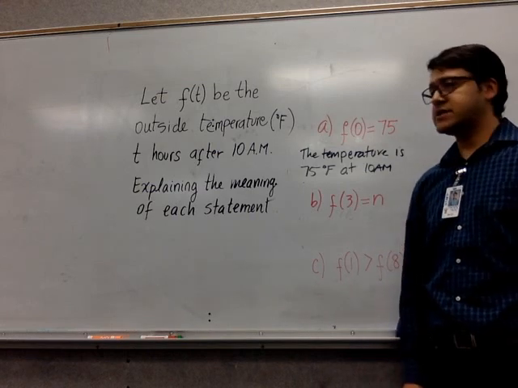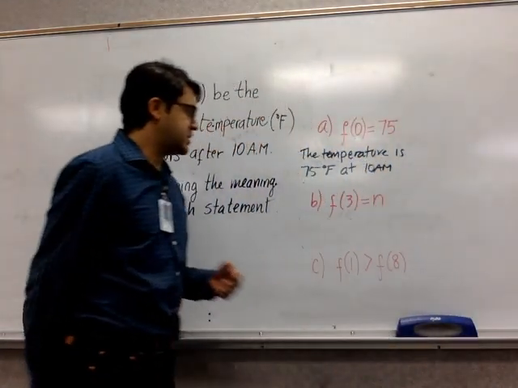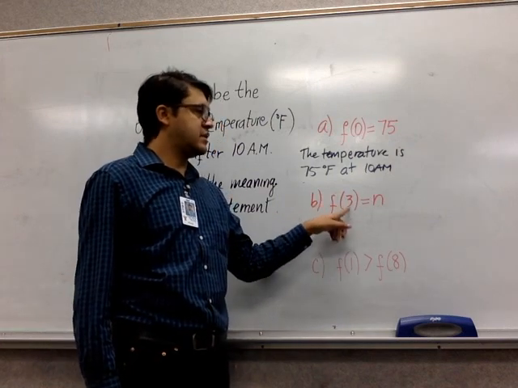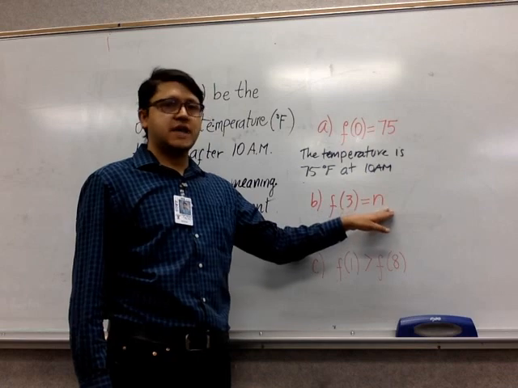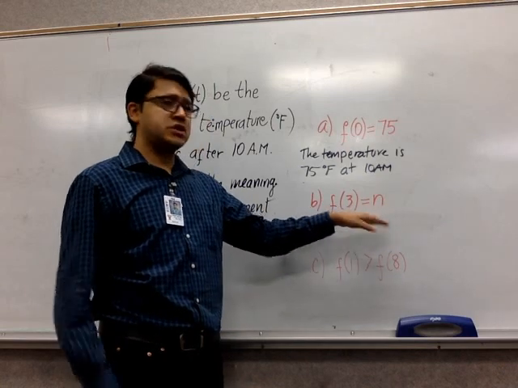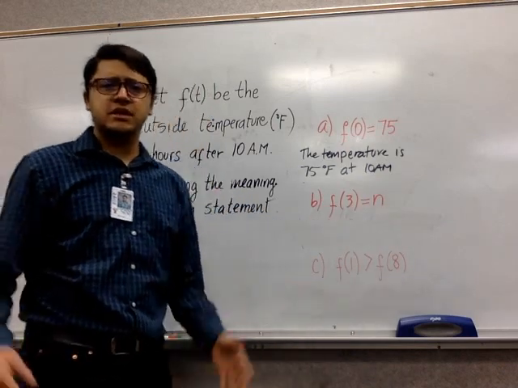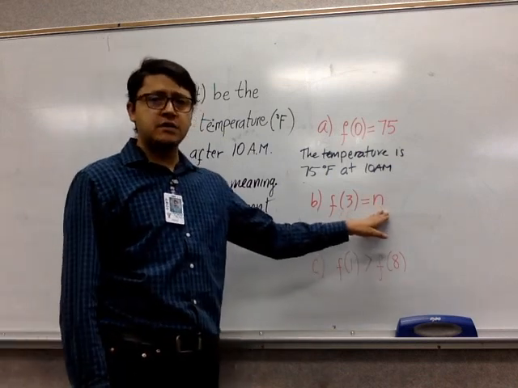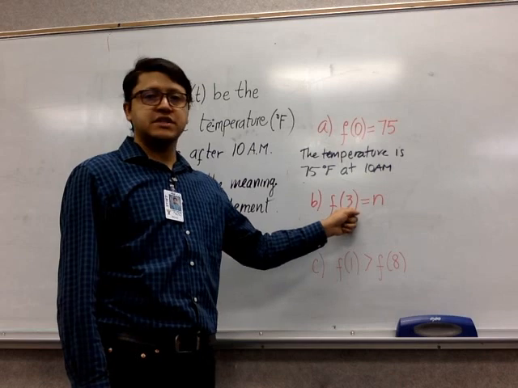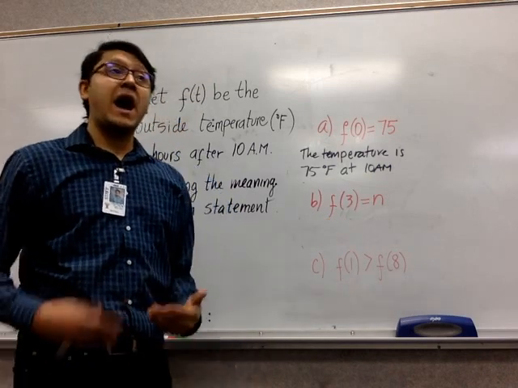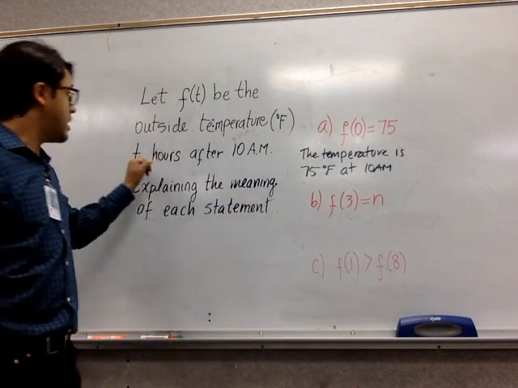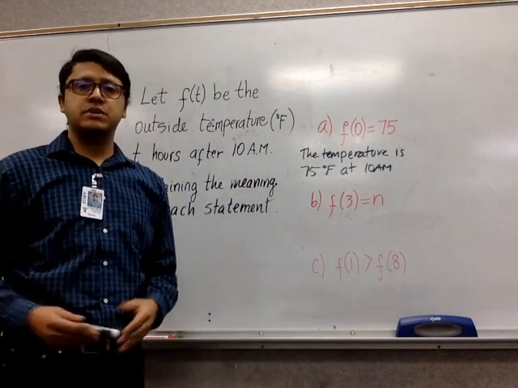Let's talk about the second statement. The second statement is telling me that the output when the input is 3 is n. So the temperature, sometimes it can be expressed like that, and there is no problem. I can say that the temperature is n when the input is 3. How do you understand an input of 3? This means 3 hours after 10 a.m. What time is that?